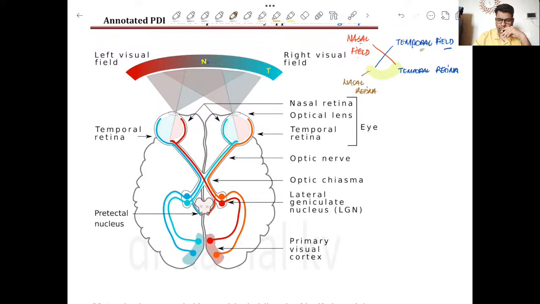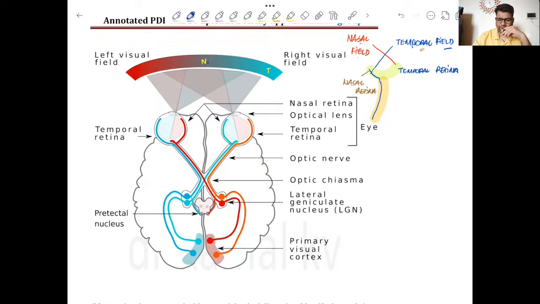Clear? Now after the retina there will be the optic nerve. So from the retina comes the optic nerve. An optic nerve has two kinds of fibers. One is the nasal fibers. These take the impression from the nasal side of the retina, which is carrying the impulse from the lateral part of the visual field, right?